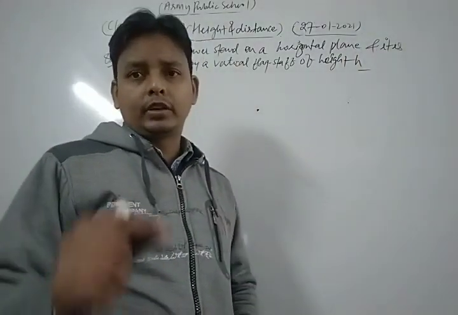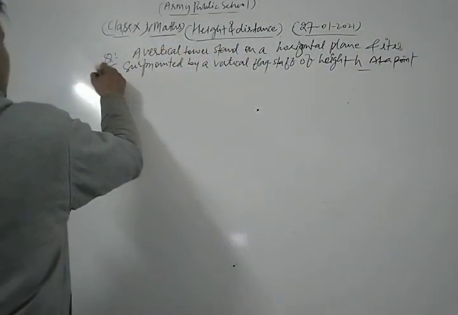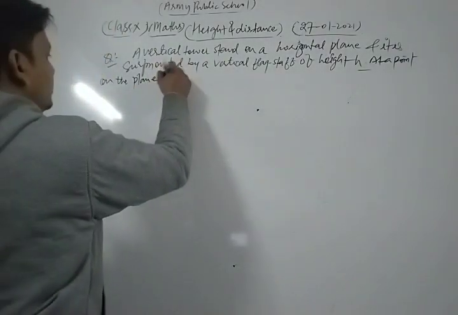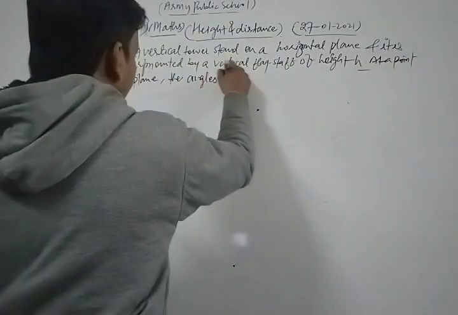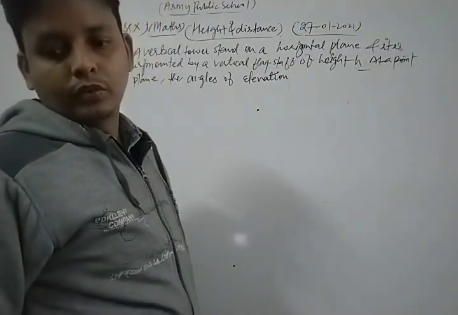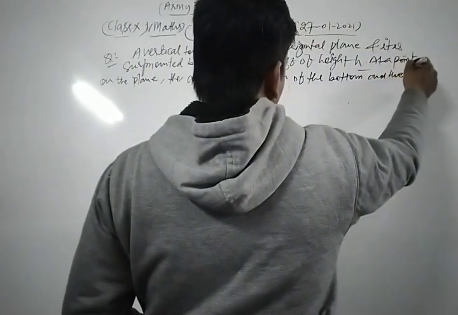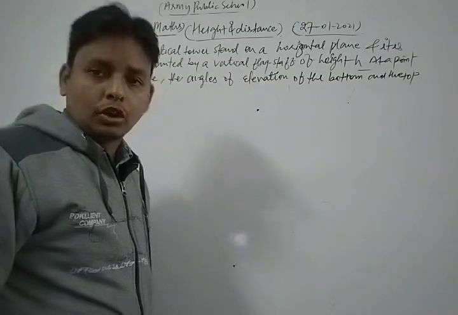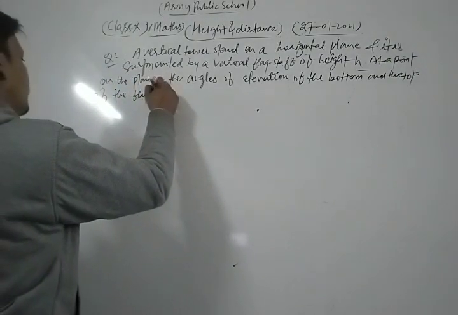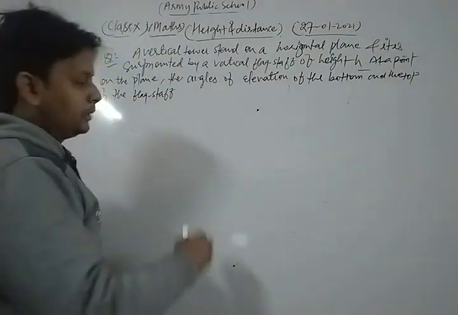At a point on the plane, the angles of elevation of the bottom and the top of the flagstaff are alpha and beta respectively.